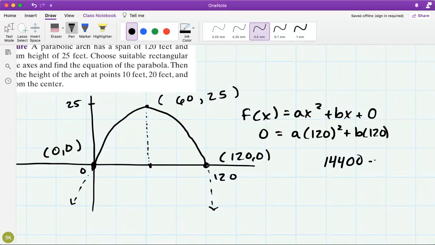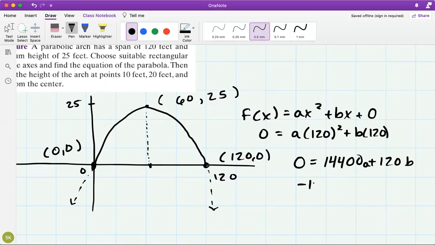Then this is plus 120b, which is equal to 0. That comes from this point here, and I also have another point that I can use to get a relationship between a and b.